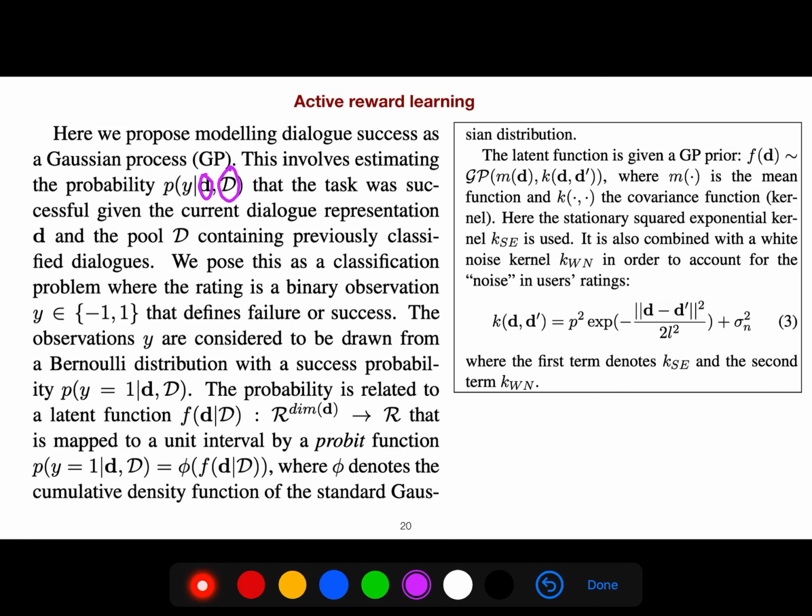We pose this as a classification problem where the rating is a binary observation that defines failure or success. Does it achieve the goal? Could it be ended successfully?